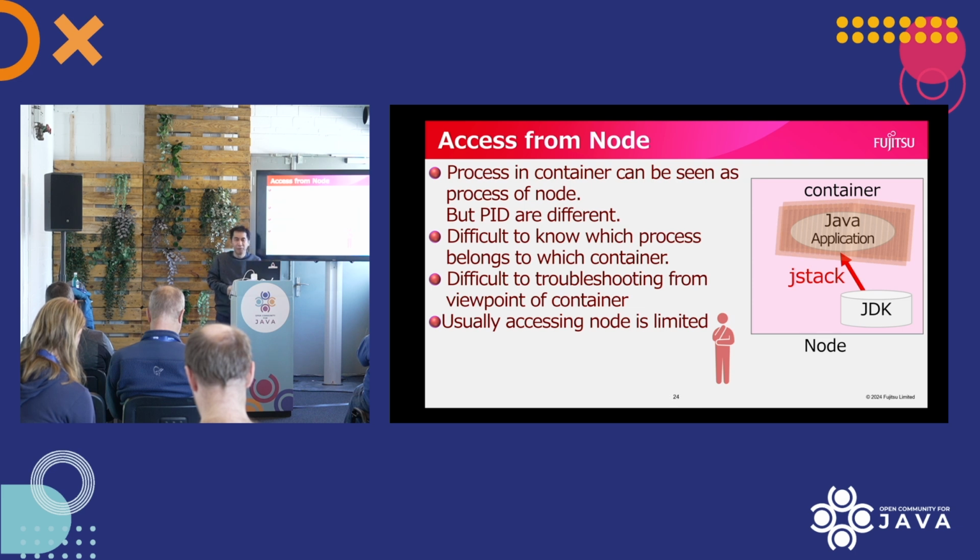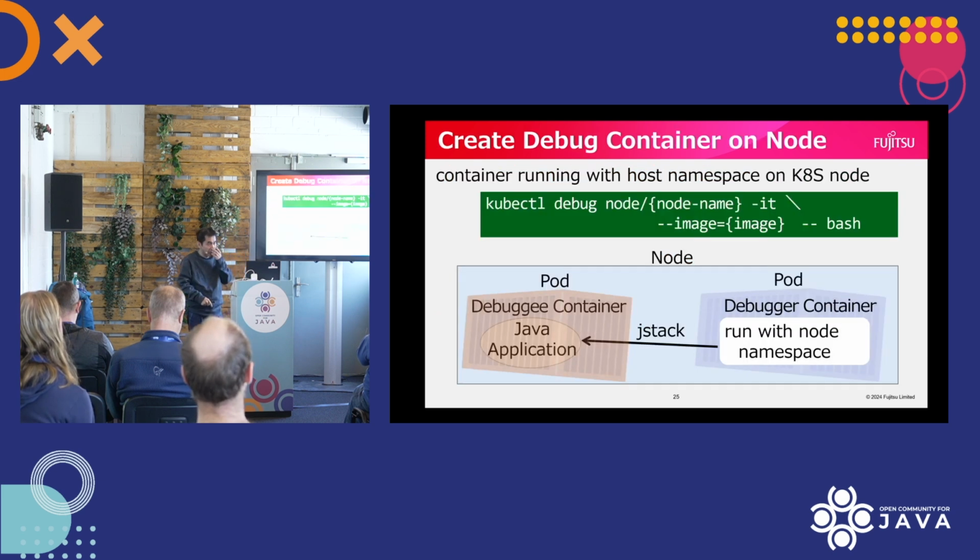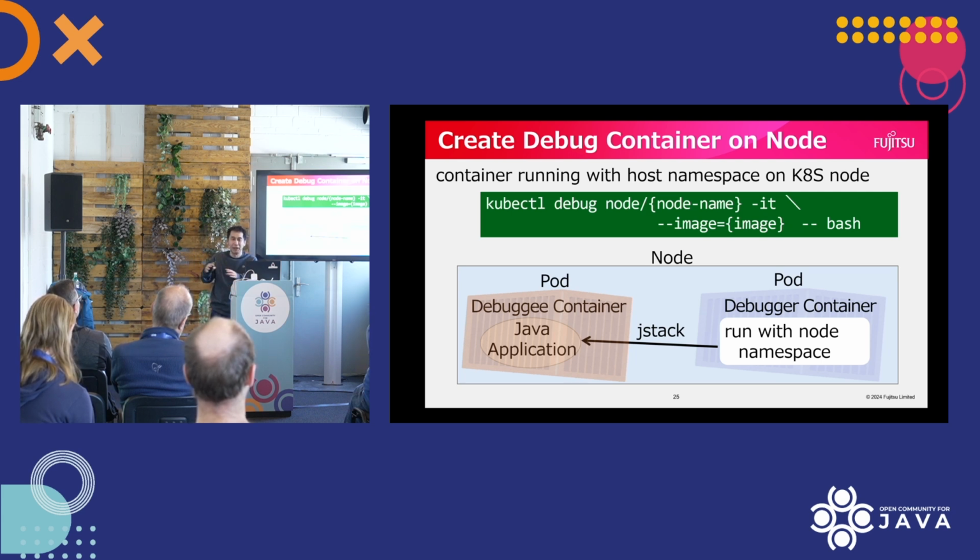And the main problem of this method is that you need access privilege to the node or host. It is not a typical case. And there is another way to create a container which has the same namespace as the node or host. But again, it is not useful because the namespaces of the node and the container are different.